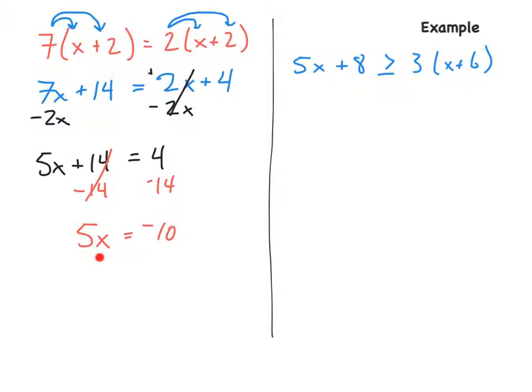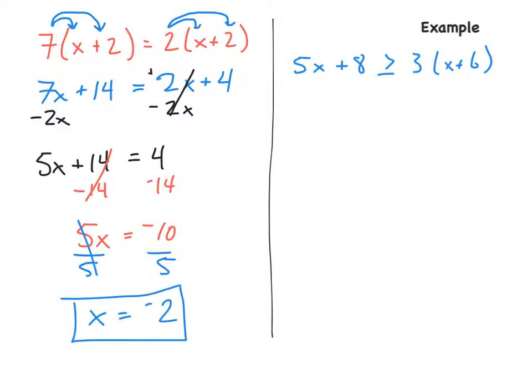This is 5 times x is equal to negative 10. What's the opposite of multiplication? It's division. So you would divide by 5 on both sides, and x is equal to negative 10 divided by 5, which is equal to negative 2. So negative 2 is our final answer.